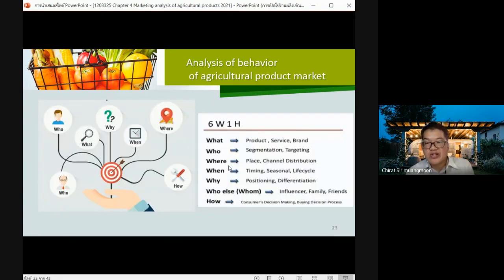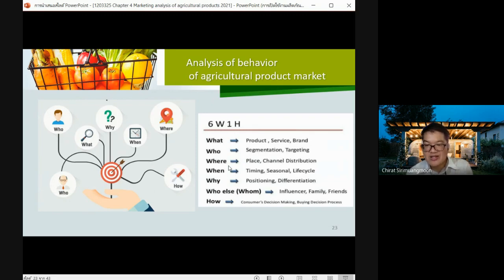Normally, when you want to do the analysis of the behavior, you're going to use 6W1H questions. First one is actually what: what is the product, what is the service, what is the brand. Second one, who is your consumers? How you do the segmentation or how you target the consumers.